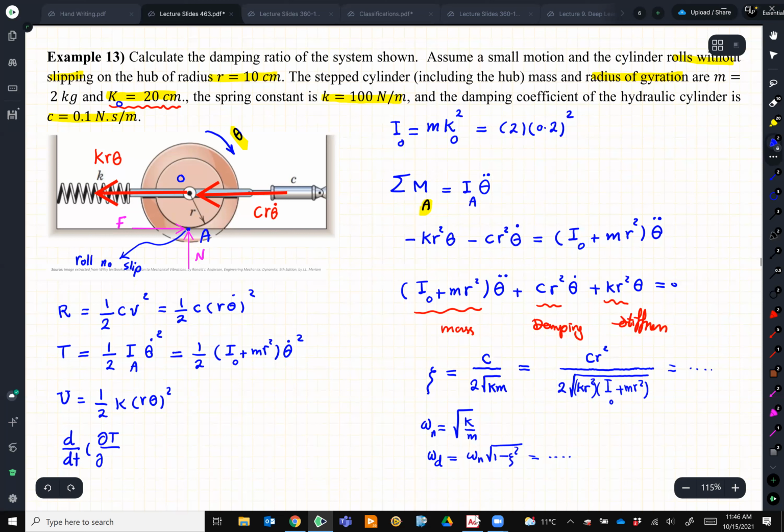And then we have the derivative of U with respect to theta, minus the derivative of T with respect to theta. What else? The derivative of R with respect to theta dot, equal to any external force.